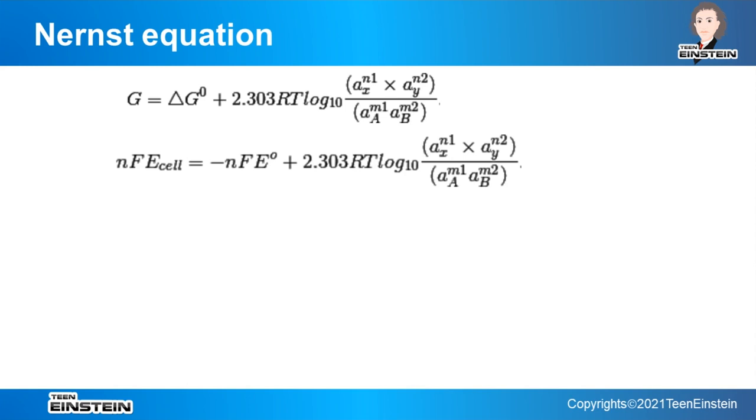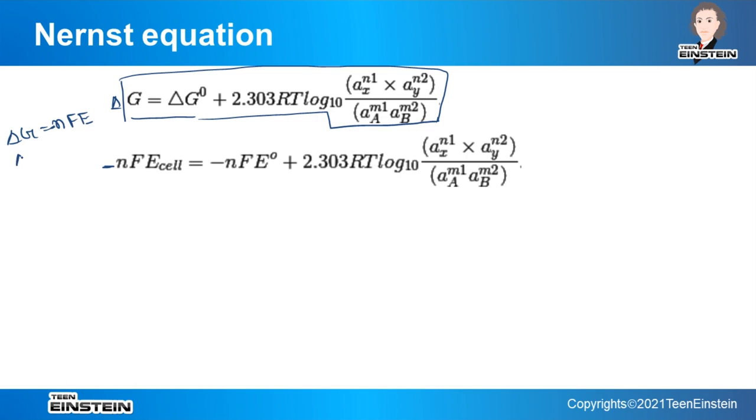Now we will see the Nernst equation. This equation we have already seen, the relationship between del G and del G naught. Now in place of del G we will put minus NFE, here we will have the minus sign, and del G naught will be equal to minus NFE naught.